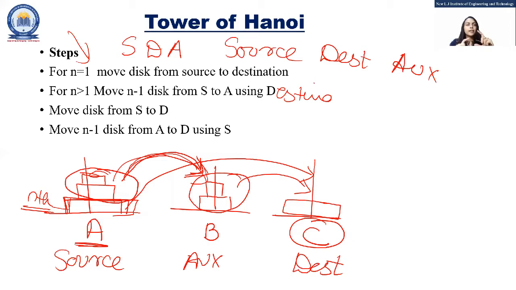But if there are total n greater than one disks, what we have to do? We have to shift the n minus 1, all the disks other than the last, to the auxiliary tower, and then when we are left with just one, we can shift it to destination, and then all the remaining inside auxiliary are shifted one by one. So this is how Tower of Hanoi recursion works.